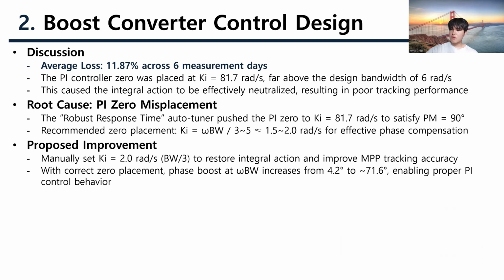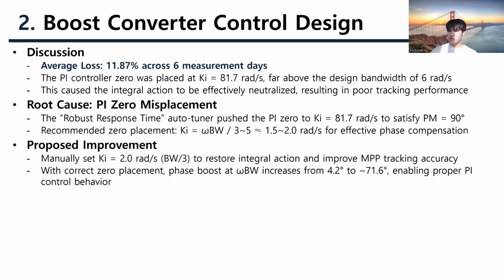At the crossover frequency of 6 radian per second, the zero provides only 4.2 degrees of phase boost, effectively neutralizing the integral action. As a result, the controller behaved almost like a pure integrator with a very slow voltage tracking response.